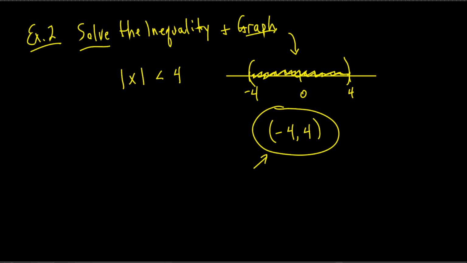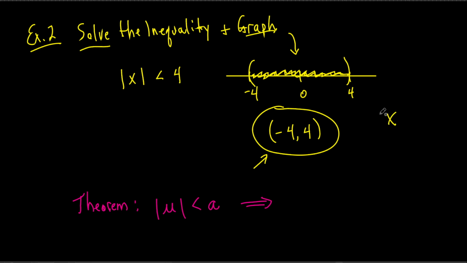So with that said, we come up with a theorem. Let me write down what the theorem says. Here's another theorem. It says the absolute value of u, we're going to use that u again, but instead of equals a, we're going to put less than a. Anytime you see something like this, what's another way I could write it?